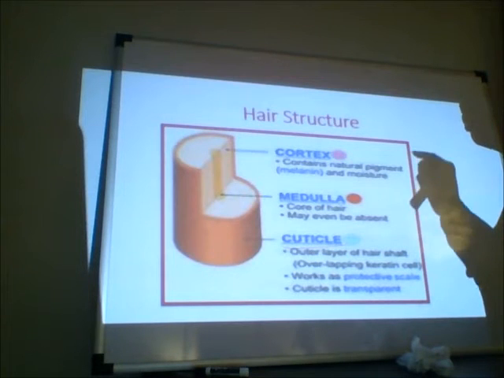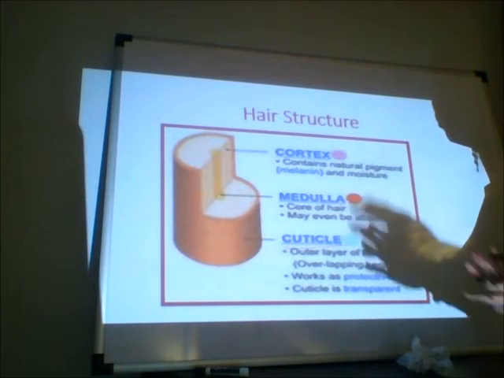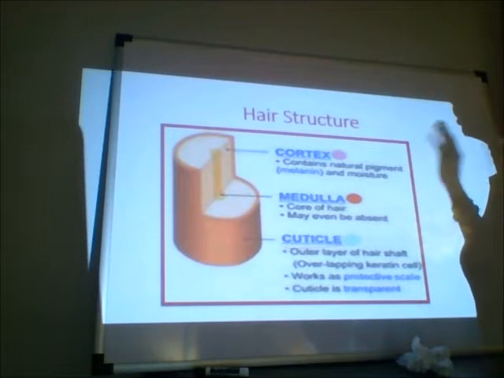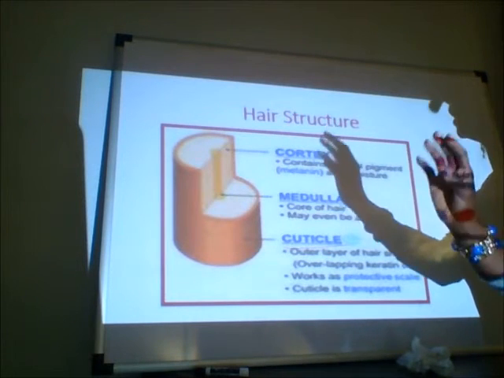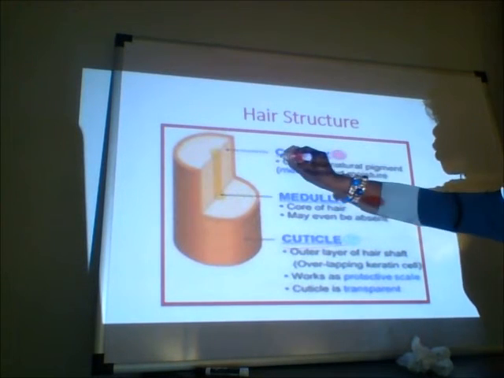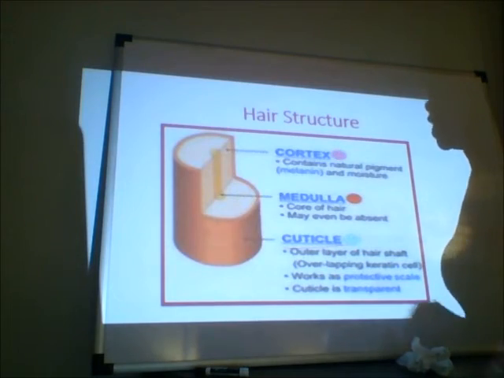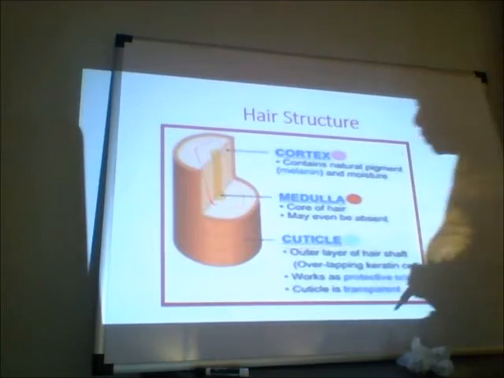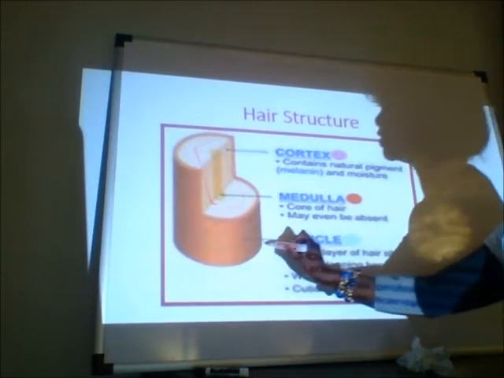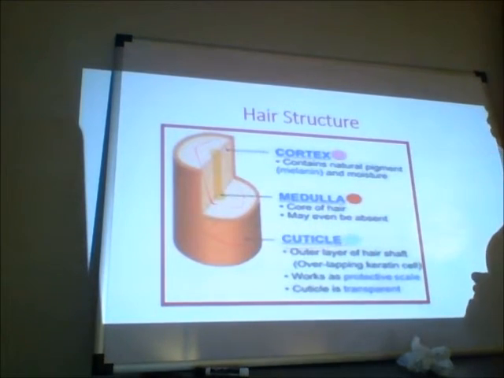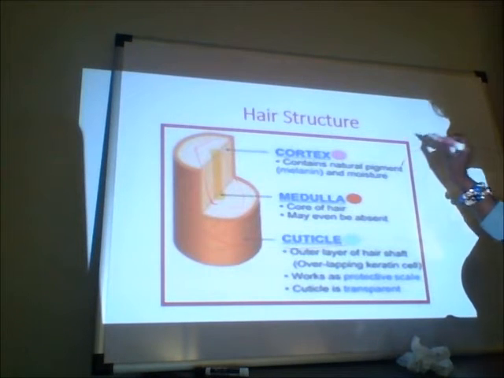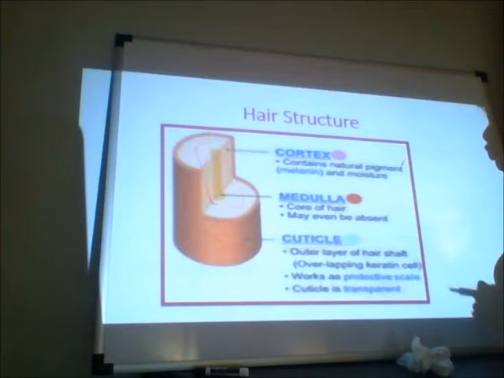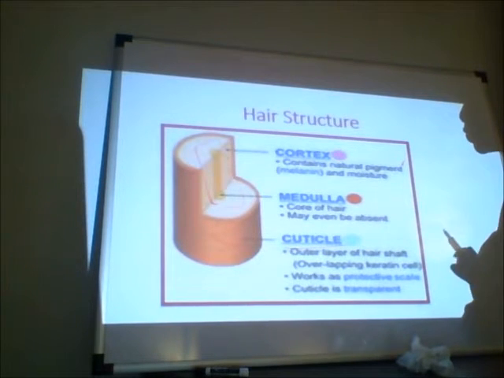And you guys, I want you to remember this, that if that cuticle is raised open, that means that the trash and the dirt and the dryness can rob our cortex of its moisture. And remember, this is our cortex, the lighter part of the picture that we're trying to protect, and this is our cuticle. So this is where our hair color comes in at, our melanin and our natural pigments and our moisture. That is why we need that cuticle to stay closed, tight, and shut.